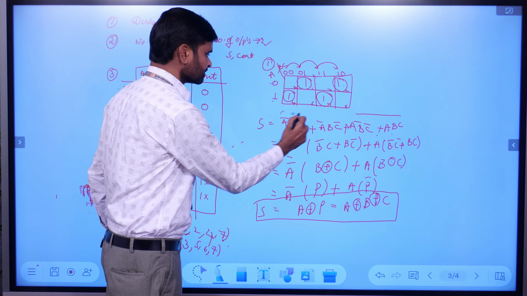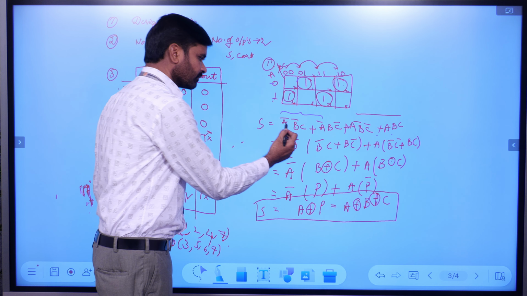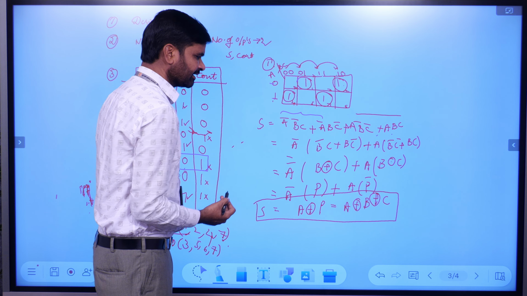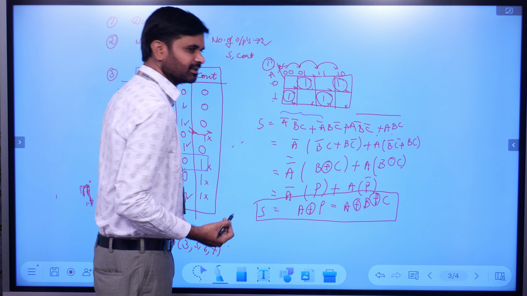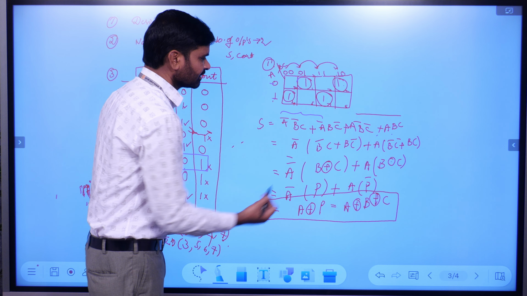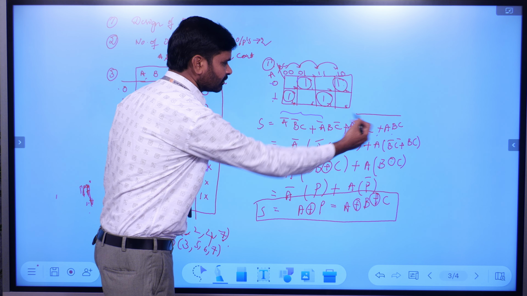From the first 2 product terms, I have taken A bar as common. So B bar C plus B C bar is the remaining, plus A as common from the other 2.